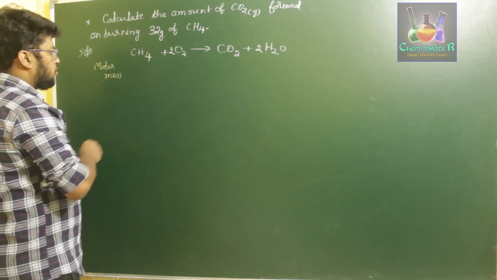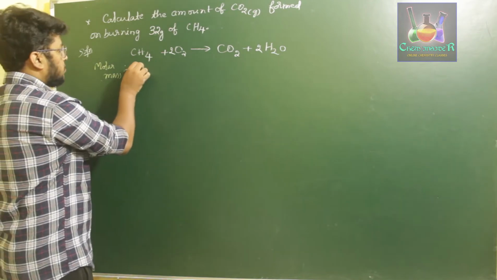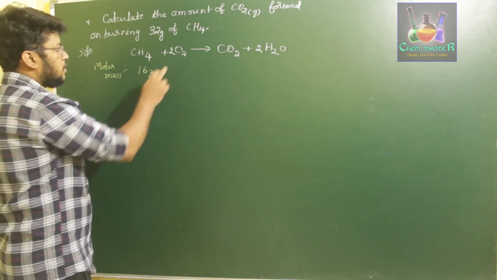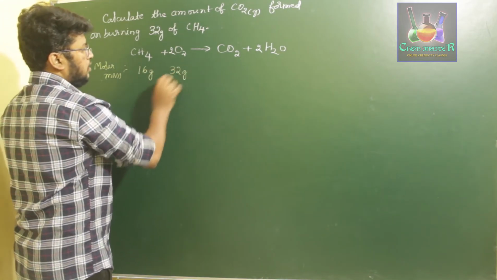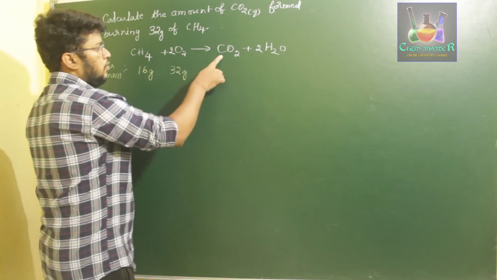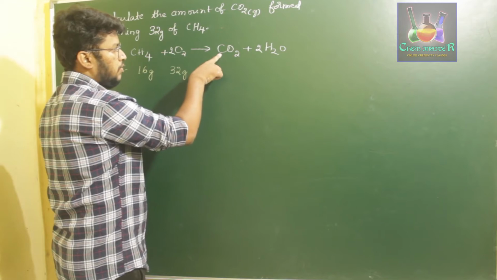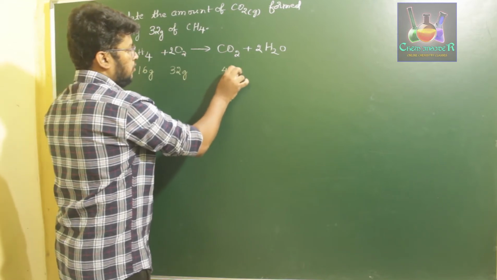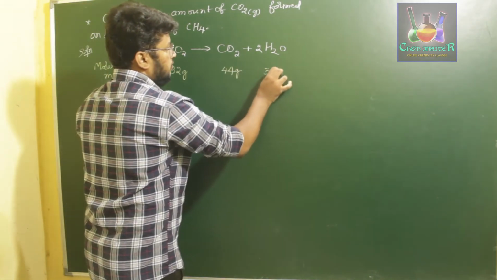So now if you calculate the molar mass of the compounds used over here, 1 mole of CH4 is 16 grams. We have 2 moles of oxygen, that is, we are using 64 grams of oxygen, and what we are getting is 1 mole of carbon dioxide. Carbon dioxide has 1 carbon, which is 12, and 2 oxygen, that is 32. 12 plus 32 gives us 44 grams of carbon dioxide and 36 grams of water.